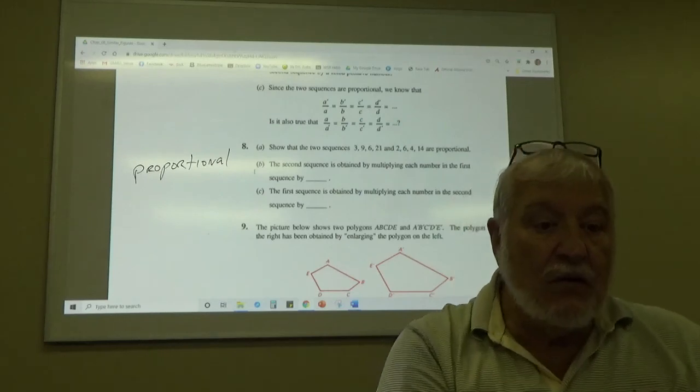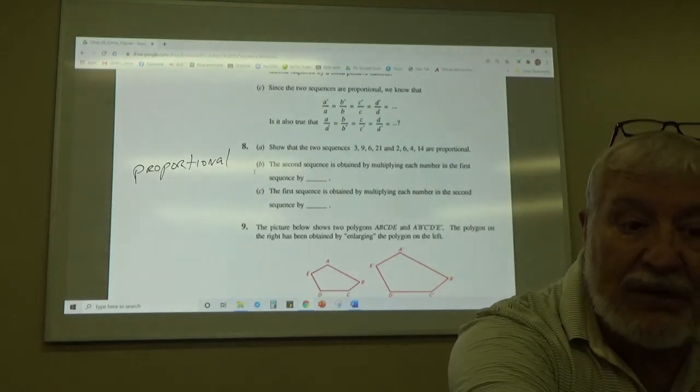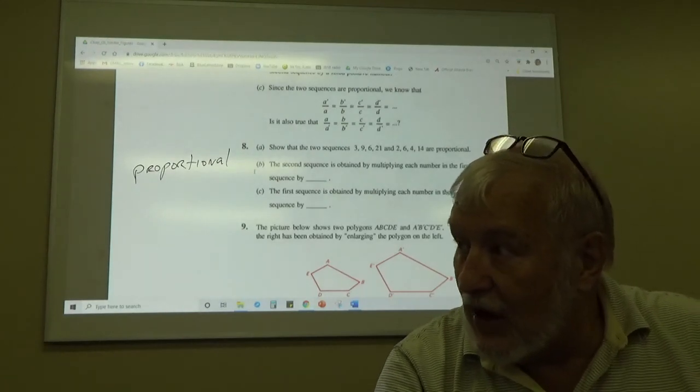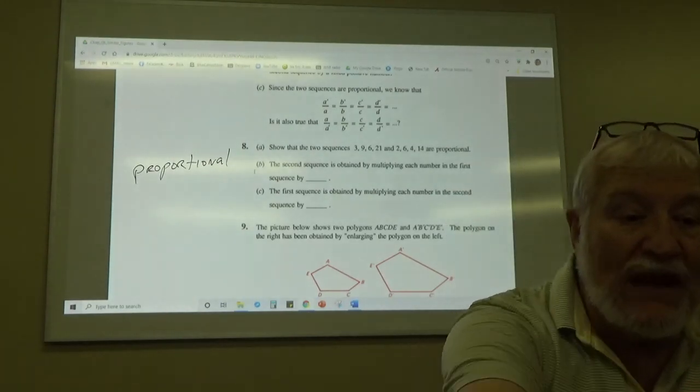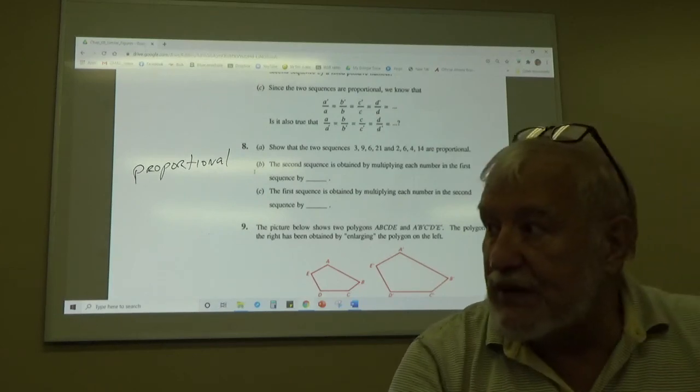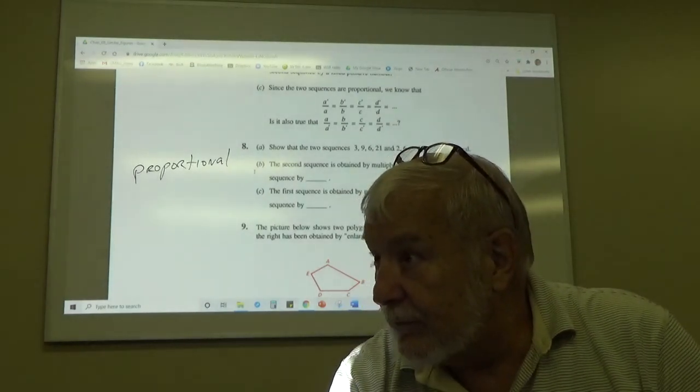All right? So the numbers on the top are the larger, and the numbers on the bottom are half of them, so the ratios of the reciprocals would still be equal to each other.